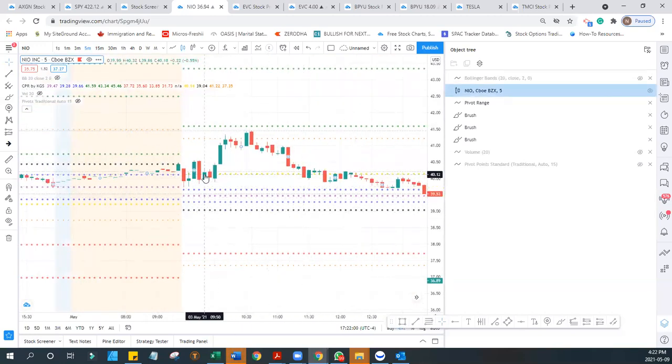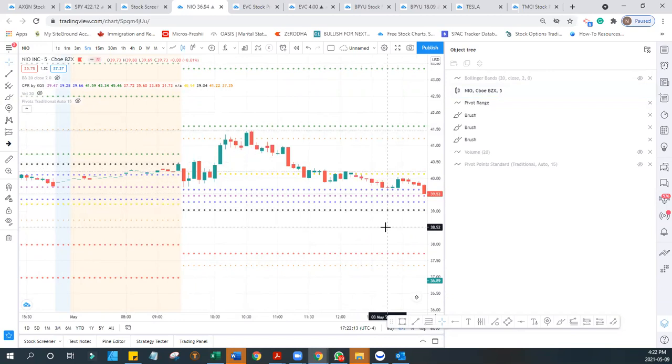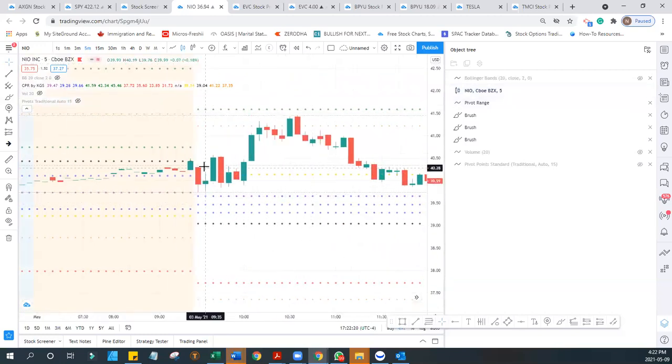And here, price took the support from the CPR. It acted as a resistance for a while, and then once it gave the breakout, it went up. If you are a day trader and you want to trade the first 5 or 10 minutes, always look out for the first candle, like this candle.